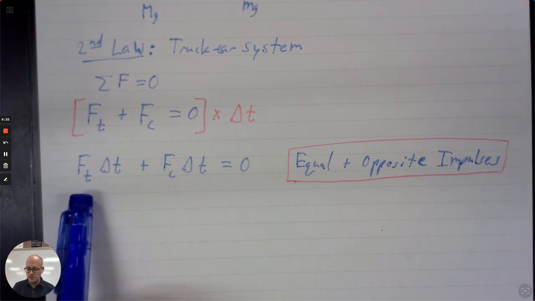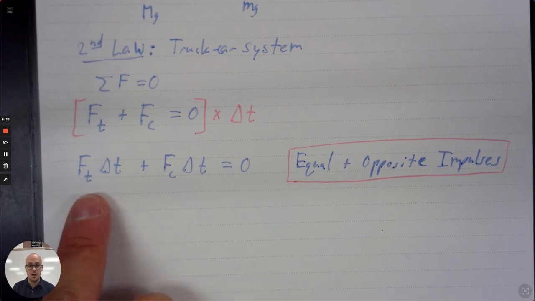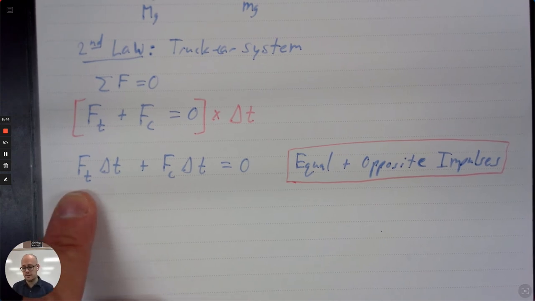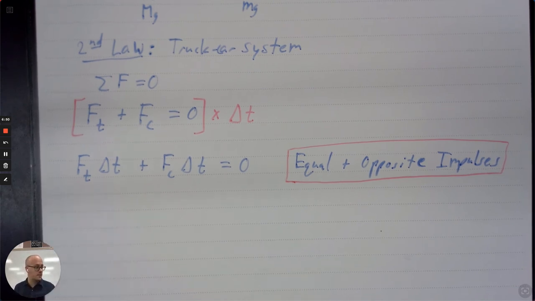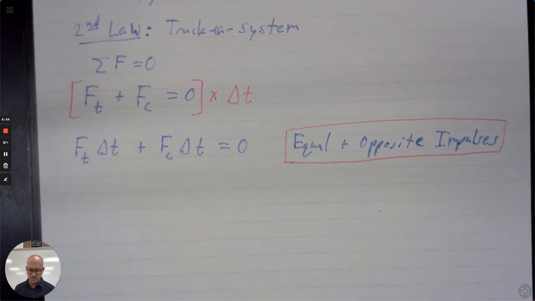So, the thing about this is the force delivered by the truck, but it actually means that this is the impulse on the car, right? So this is the force that the truck exerts on the car. This is a force that the car feels, and so this term represents the impulse on the car. So using one of our new ideas from this unit, we know that impulse is equal to a change in momentum.